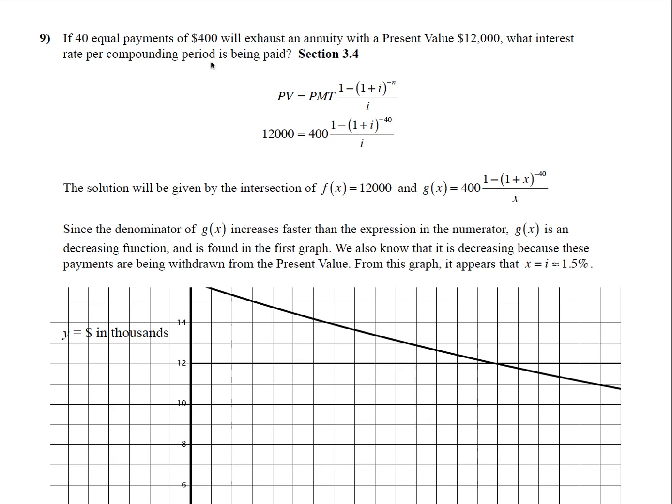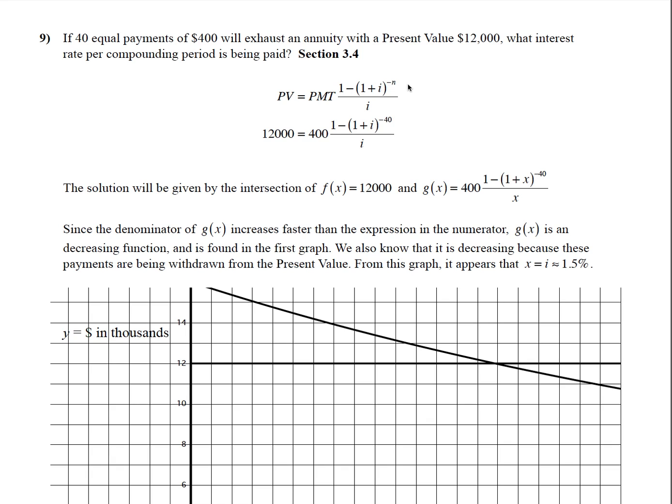Now, we don't know what the compounding period is. We just know that there are 40 payments of $400 that decrease this annuity with a present value of $12,000.